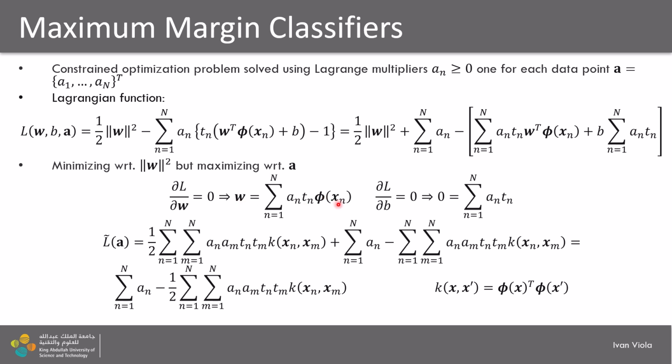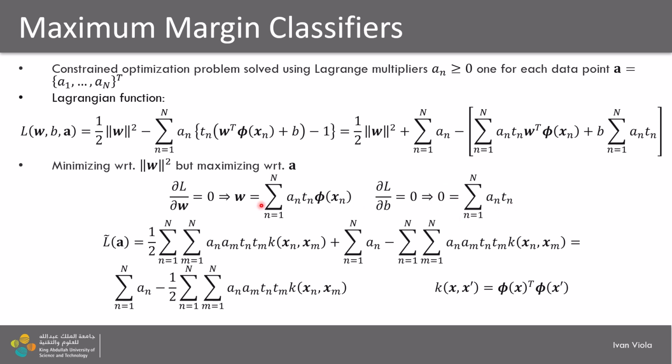And we also will be performing the partial derivative with respect to the bias, and that should also be equal to 0. And if we perform that, we will only have this term, which is negative here, remaining, and that will lead to the formula that an times tn is equal to 0.